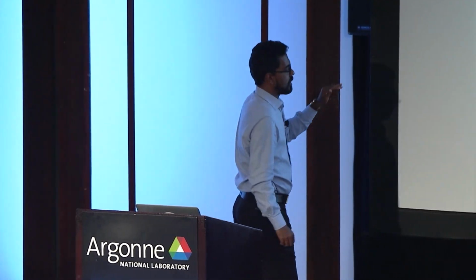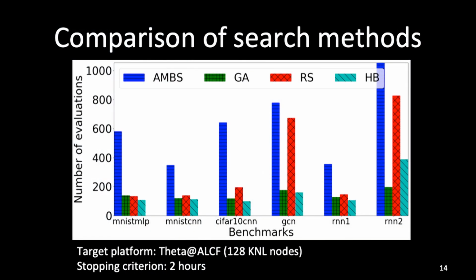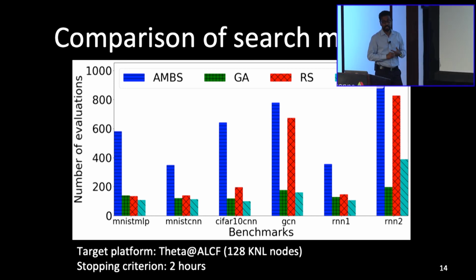On the y-axis, what you see is the number of evaluations. So how many evaluations this particular method did within 2 hours of time. The platform that we used is Theta at ALCF and 128 KNL nodes, which means that there's one node that is doing the search, and there's one node for the workflow, and the remaining 126 nodes are available for doing evaluation, which means we can do 128 model evaluations at the same time.